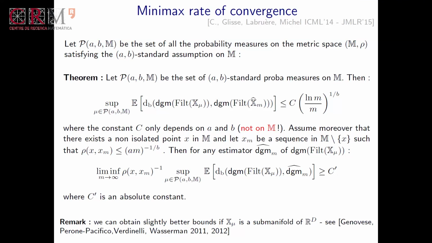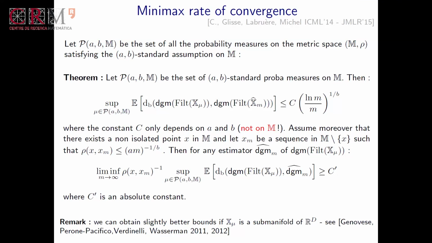So whatever the way you estimate these things, for example, even if you don't use the estimator we use, which just computes persistence of the filtration on the random points, you will never succeed. You will always be able to find some measures in this family for which the rate of convergence is at least this.